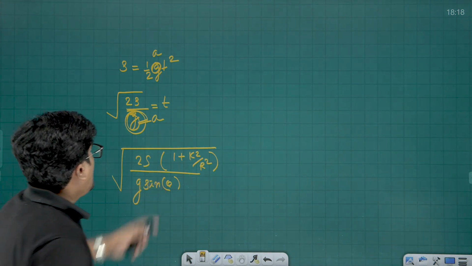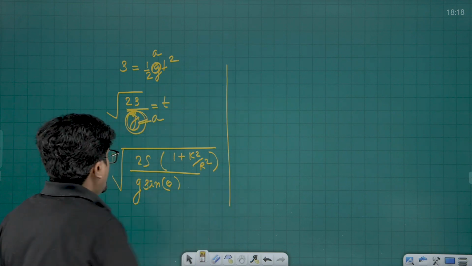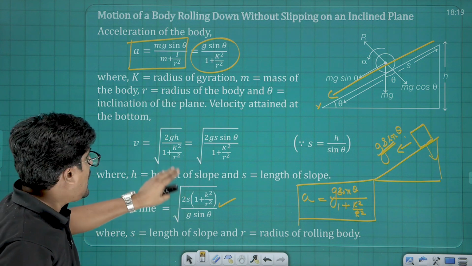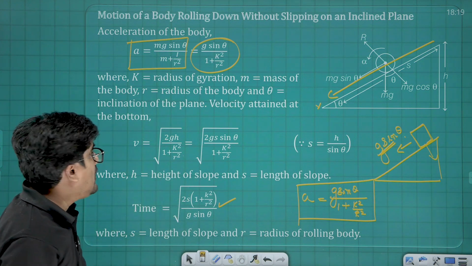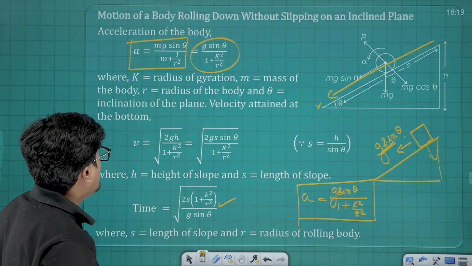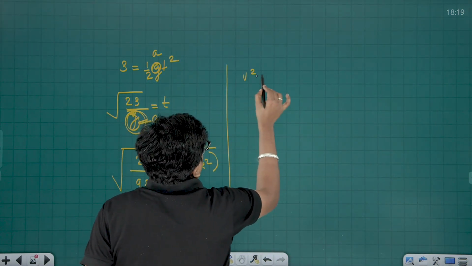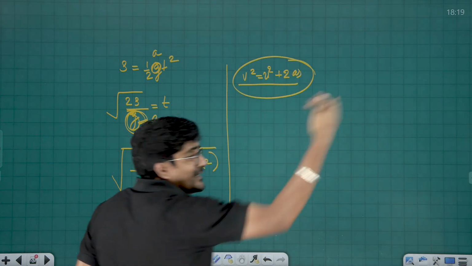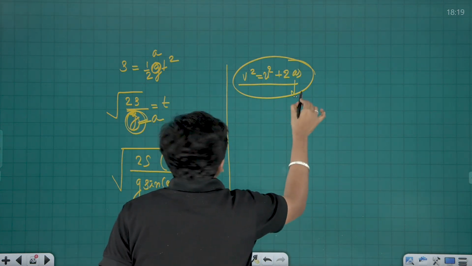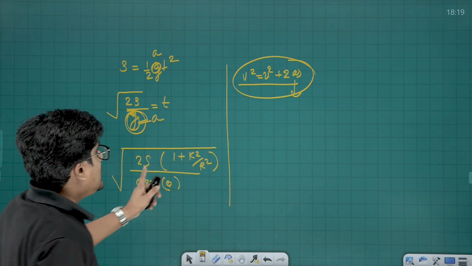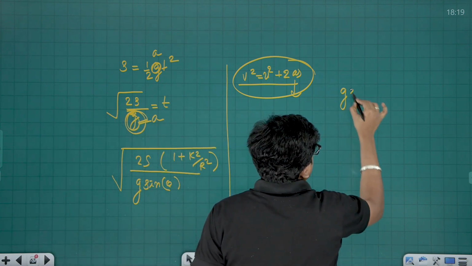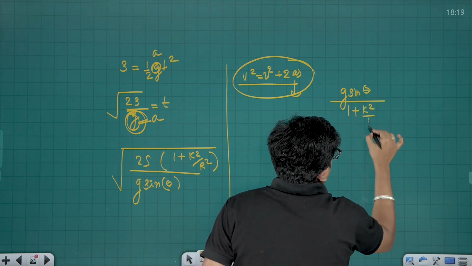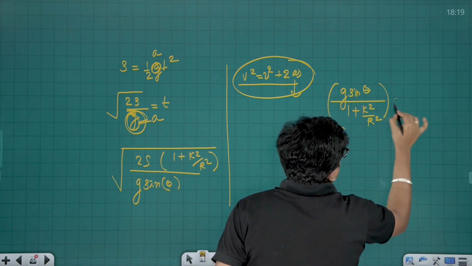Now, after traveling through a distance of s, what will be the speed of the body? We all know that v square equals u square plus 2as, the general expression for a particle sliding down. But in our case, a is going to be g sin theta upon 1 plus k square upon r square. This is our acceleration.